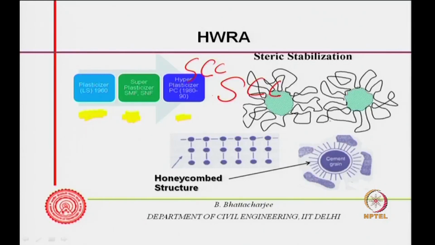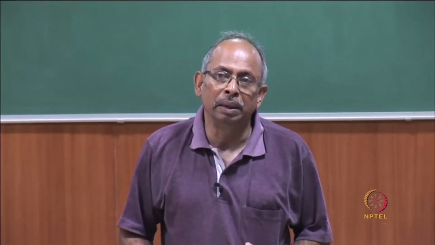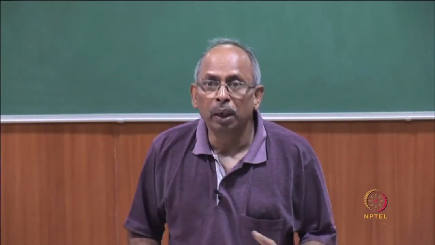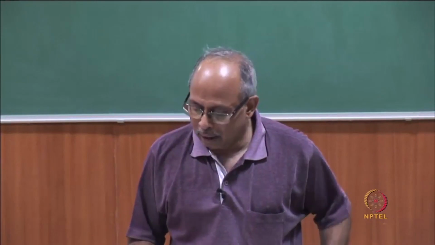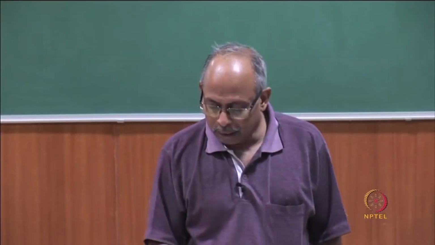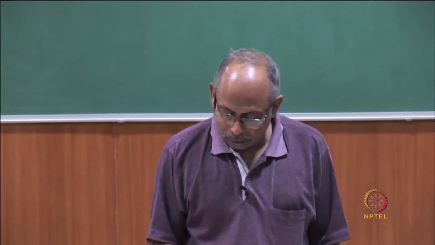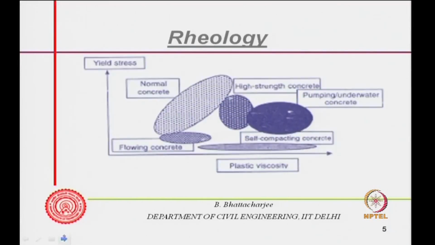We discussed earlier what steric stabilization is and how the PC types work. This we have discussed when we talked of chemical admixtures to concrete. We are just reiterating the same thing a little bit more, and historically this has led to self compacting concrete.